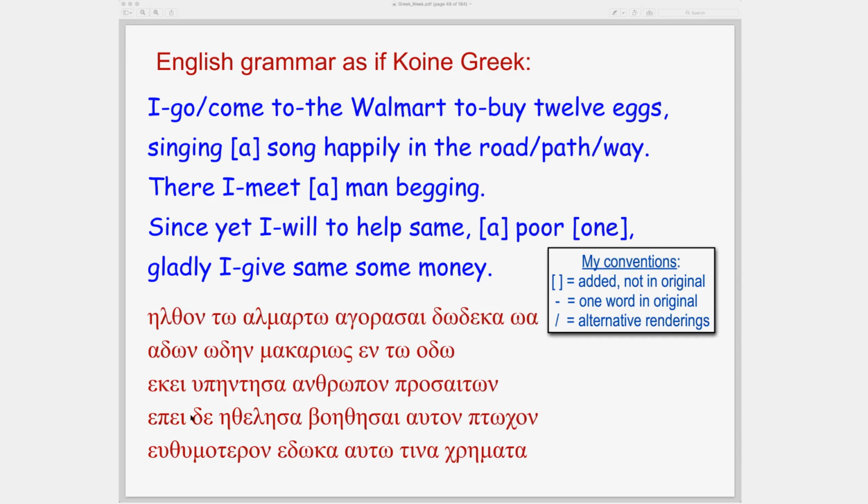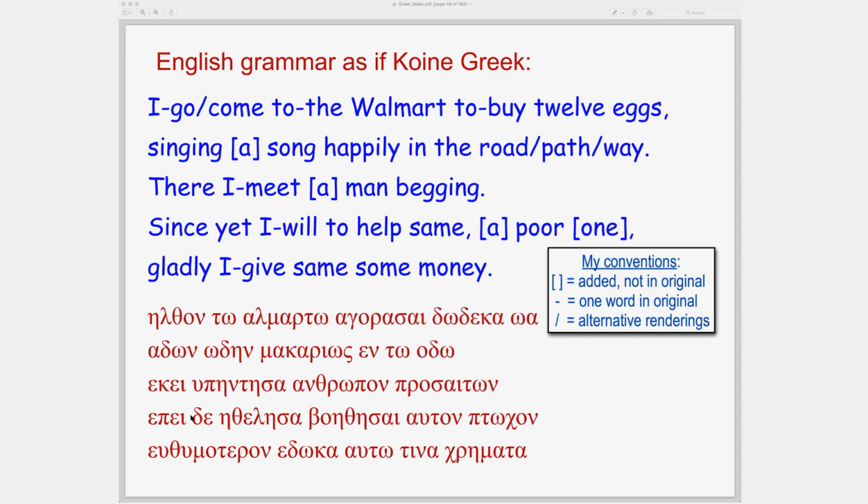Eke, there, upin tesa, I meet, anthropon, a man, proseton, begging. Now here's a little twist here.